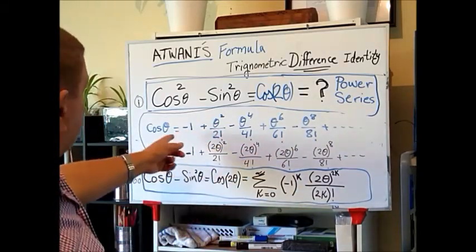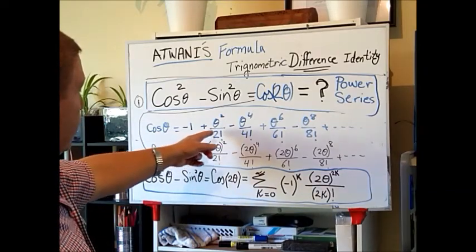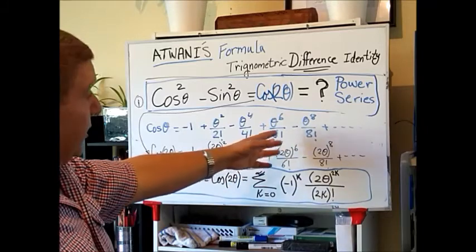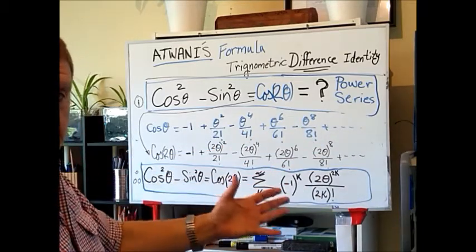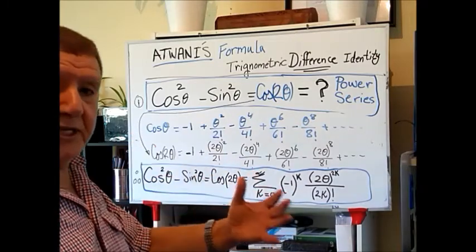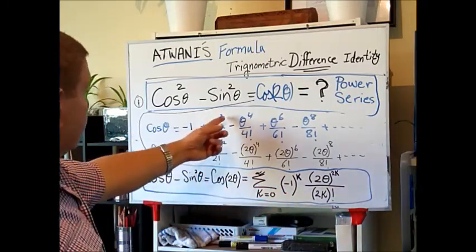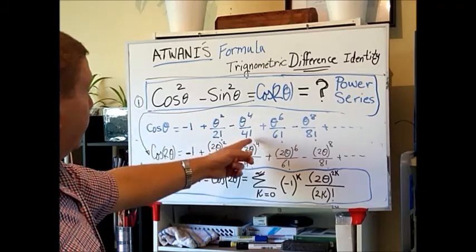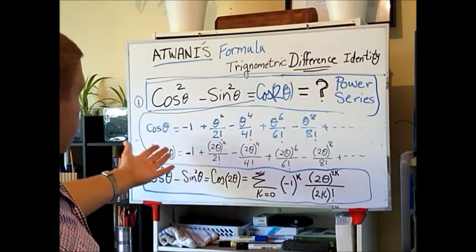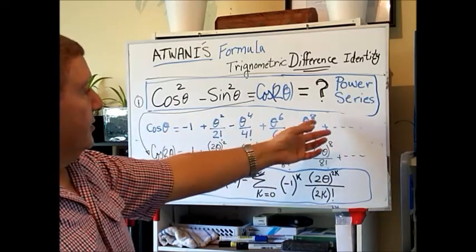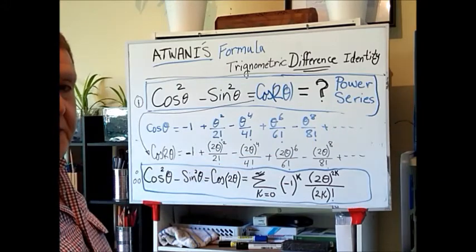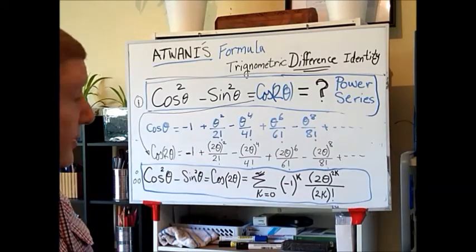This is the expression: cosine theta equals minus 1 plus theta squared over 2 factorial, minus theta 4 over 4 factorial, and so on. As you can see, this is a pattern. It was found that this looks like a pattern, so this is 2 over 2 factorial, 4 over 4 factorial, and so on. And the larger the value of n, as we keep going, the closer the expression is.